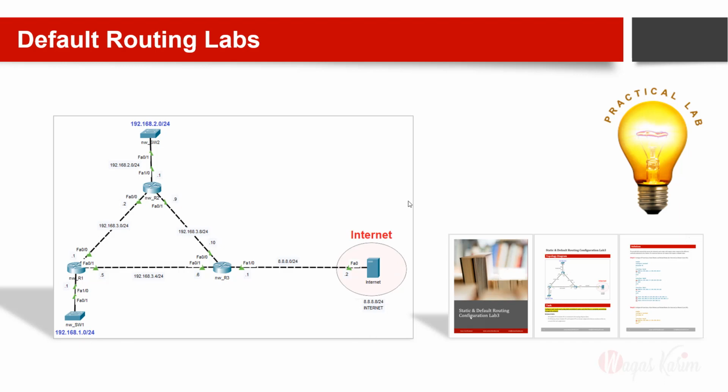You will open this lab and its topology in Cisco Packet Tracer, click on the router as usual, configure the routers and practice. If you have any questions, you can ask me, and the link to the file will be given in the description. You can download this free lab.